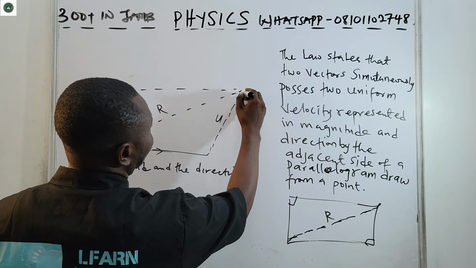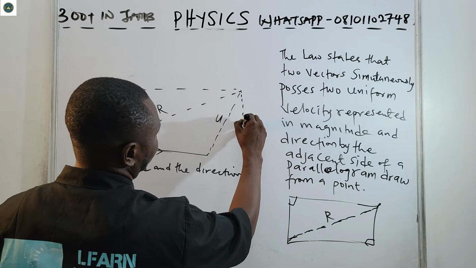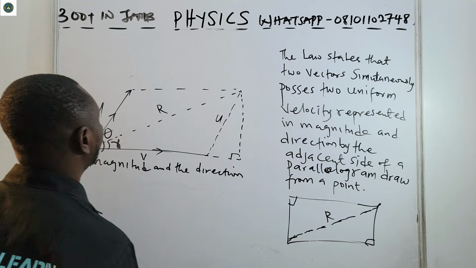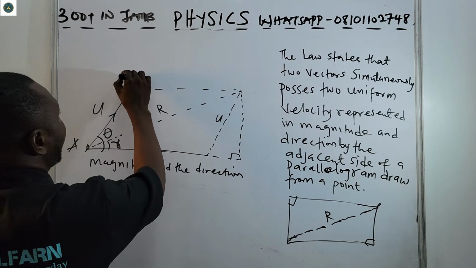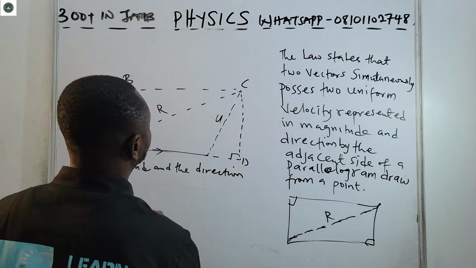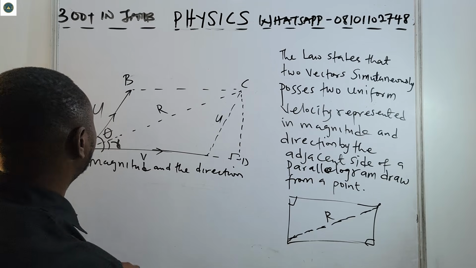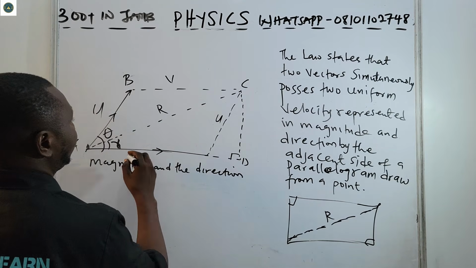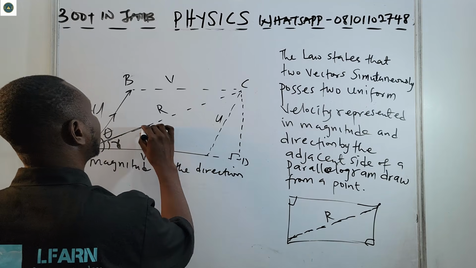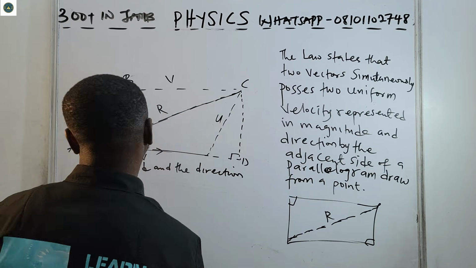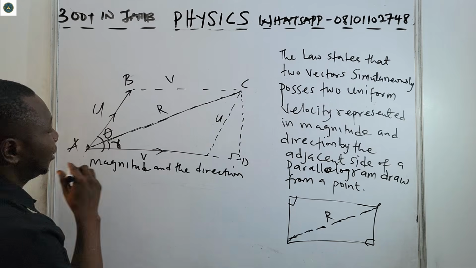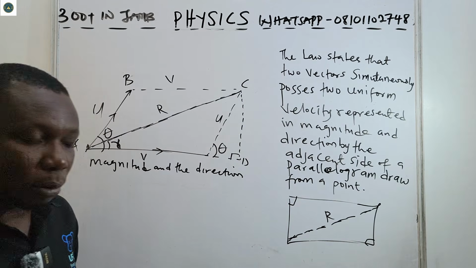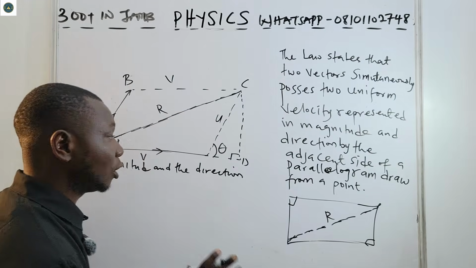So let's analyze. Mathematically, I can decide to create a triangle here. This is a right angle triangle. Let's say this is A, B, C, and D. My R here is the resultant. If this is U, this is U. If here is V, this is V. So I have a resultant. If here is theta, definitely here will also be theta, alternate angle. Now the sum of angles on a straight line is 180.